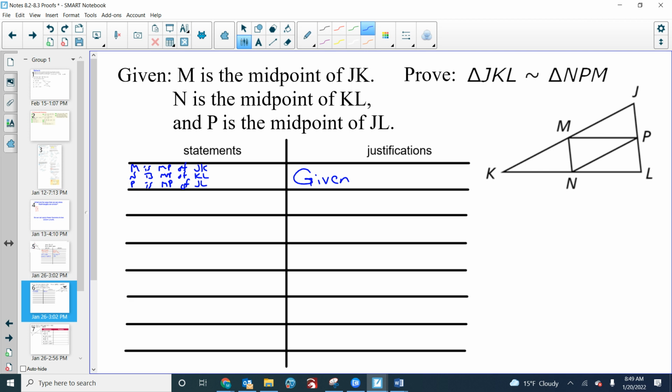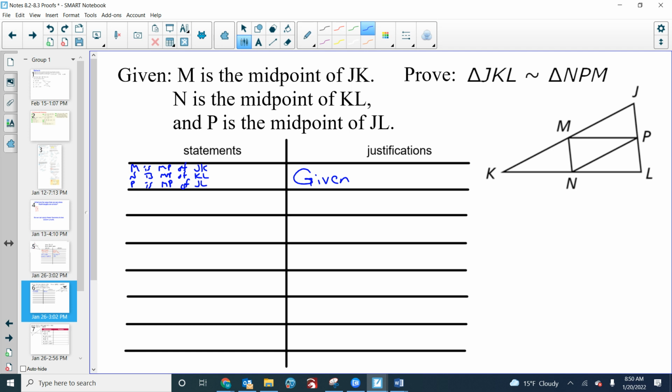Why do you think they're handing us that information? What is it called when you connect the midpoints of all the sides of a triangle? Do you remember what those segments are called? Do you remember what that triangle's called? And then we'll talk about what are the relationships created.